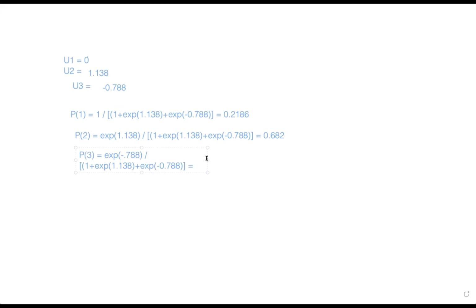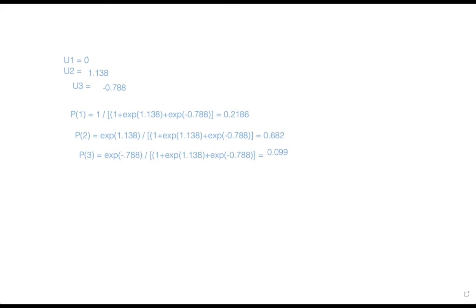And we could determine that either by taking 1 minus those 2 values or by explicitly evaluating that same expression. And either way, we'd get a probability of 0.099 in this case. Okay, so roughly a 10% chance of selecting that route.